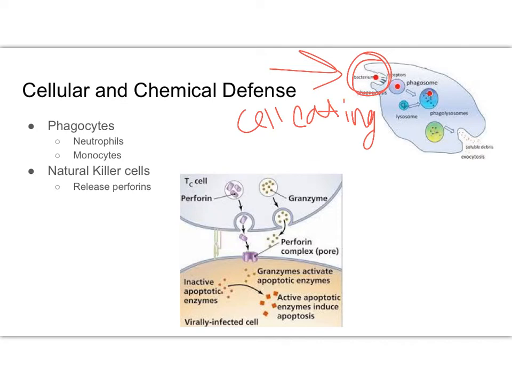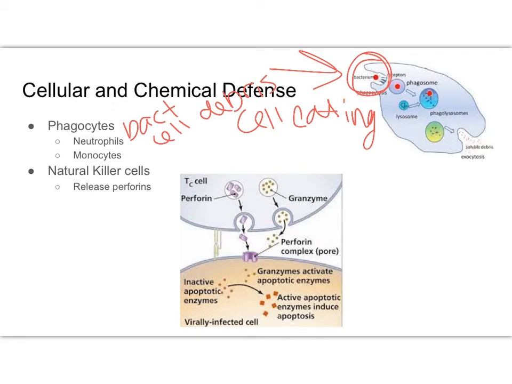A couple of types of non-specific phagocytes that we have are neutrophils. We talked about neutrophils briefly with our white blood cells. Remember, this is our most common white blood cell. Neutrophils phagocytize bacteria as well as cellular debris, meaning the cell has been damaged, the cell is dead, and that's stuff you need to clean out, you need to get rid of.